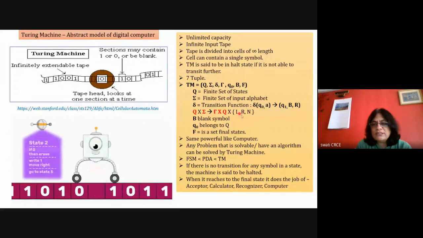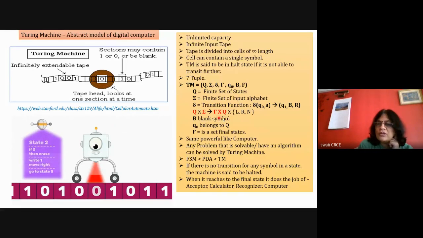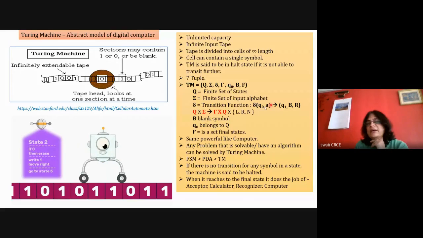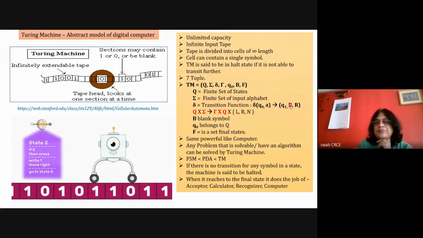Any one of these from the set plus the next state means it is a group of all these three elements. Some books write capital B before Q1 and R before Q1, anything like that, but I'm going to use this particular form.